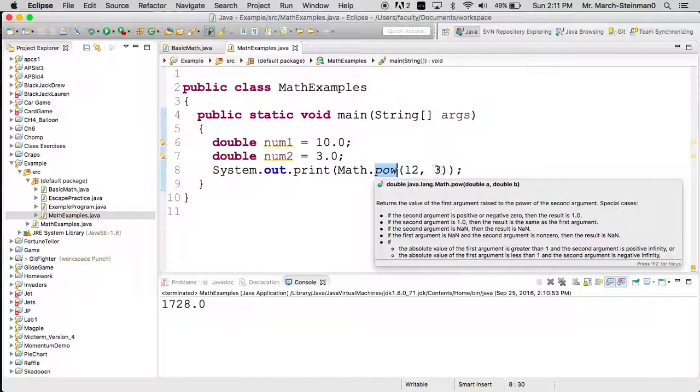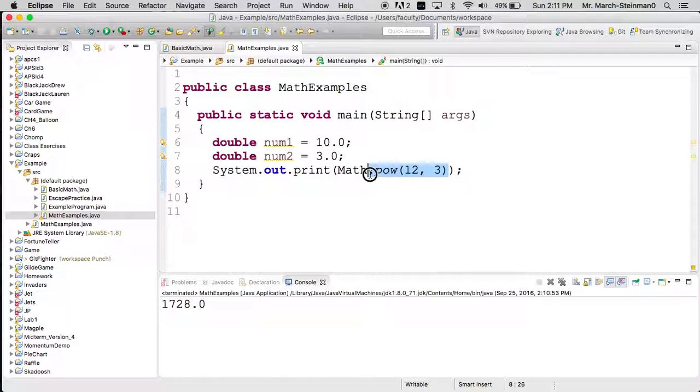What if I want to find the tangent? So let's see tangent. Maybe the tangent of an angle, 84 degrees. The tangent of 84 degrees is negative 1.07. And the important thing to notice about this is that this can be a double argument.